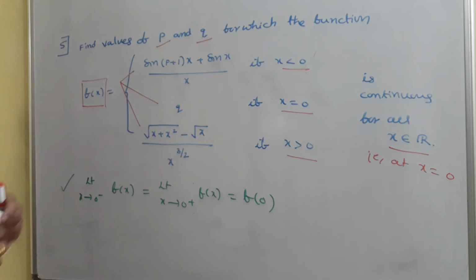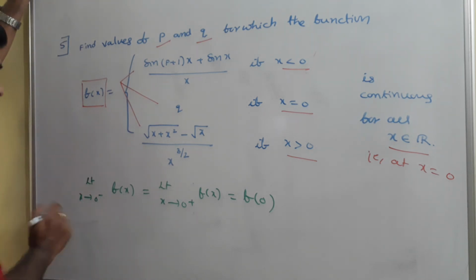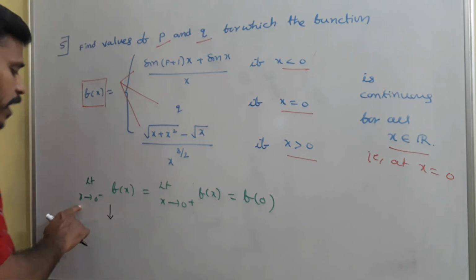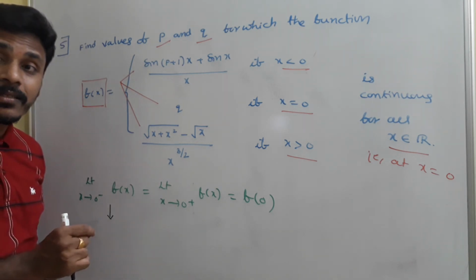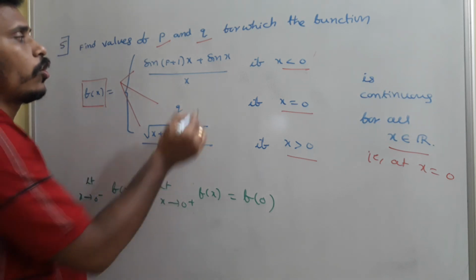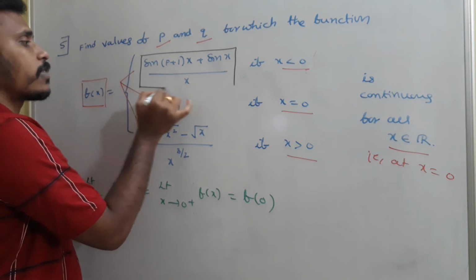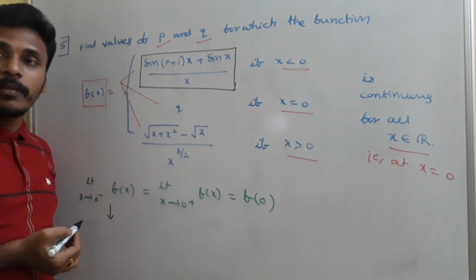See what you say about the left limit, limit x tends to 0 minus f of x. x tends to 0 minus in the sense x less than 0, so think about this sine of (p plus 1)x plus sin x by x. What you say about its limit value?